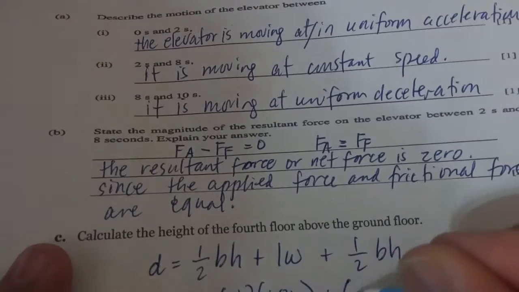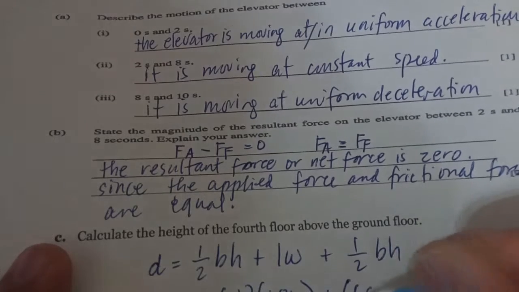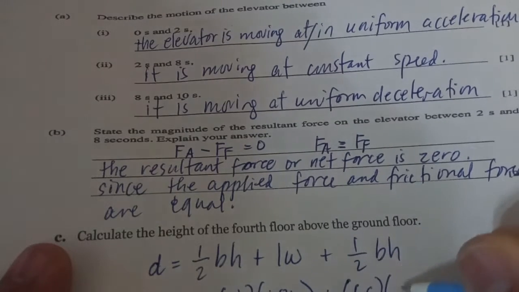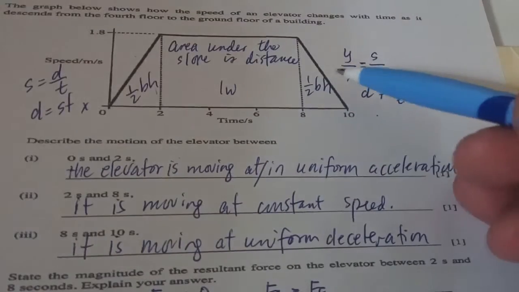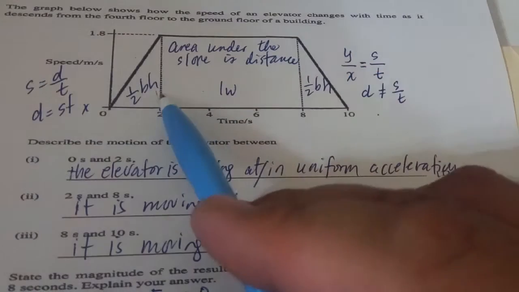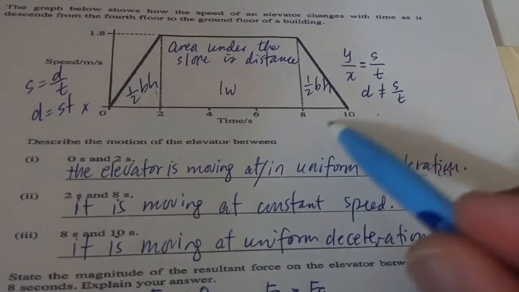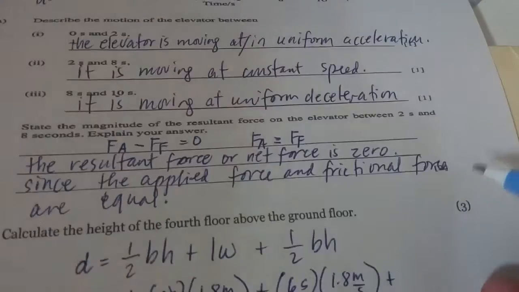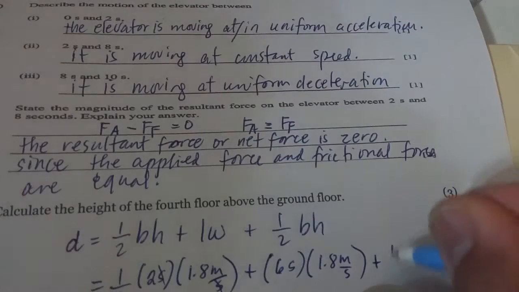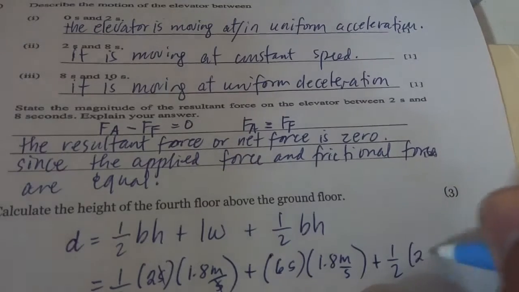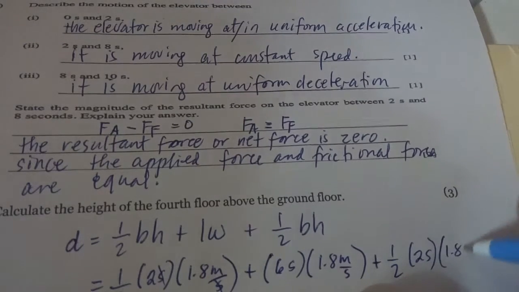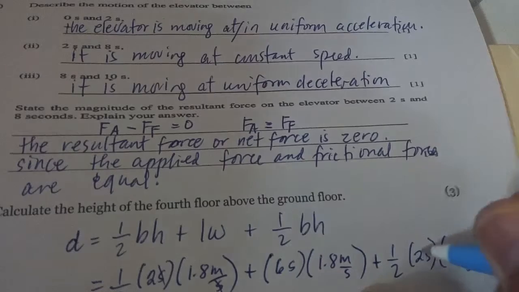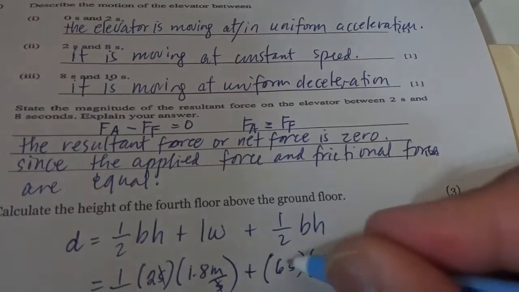So the length would be 6 seconds times 1.8 meter per second. Our next triangle is the opposite of this, so it's still 1/2 times 2 seconds, 1.8 meter per second, and this one is cancelled too.